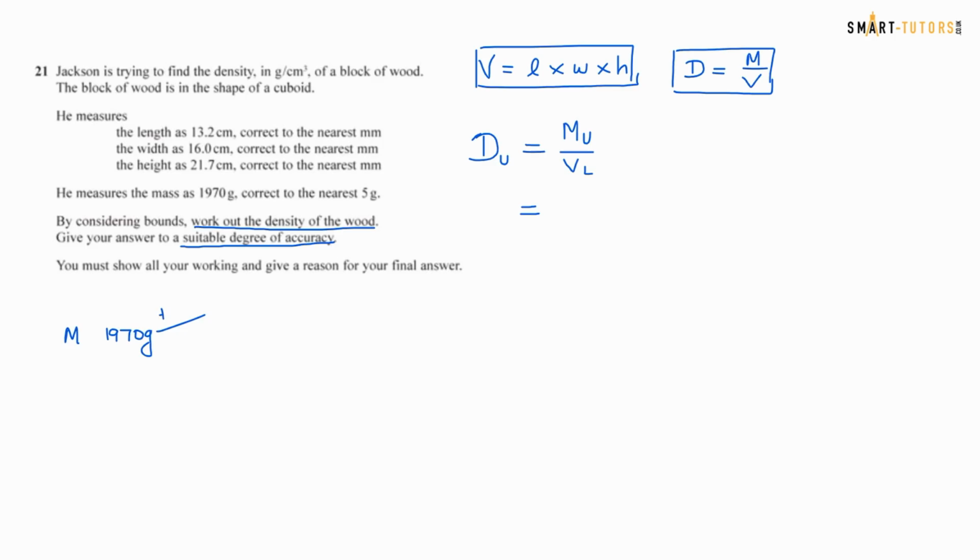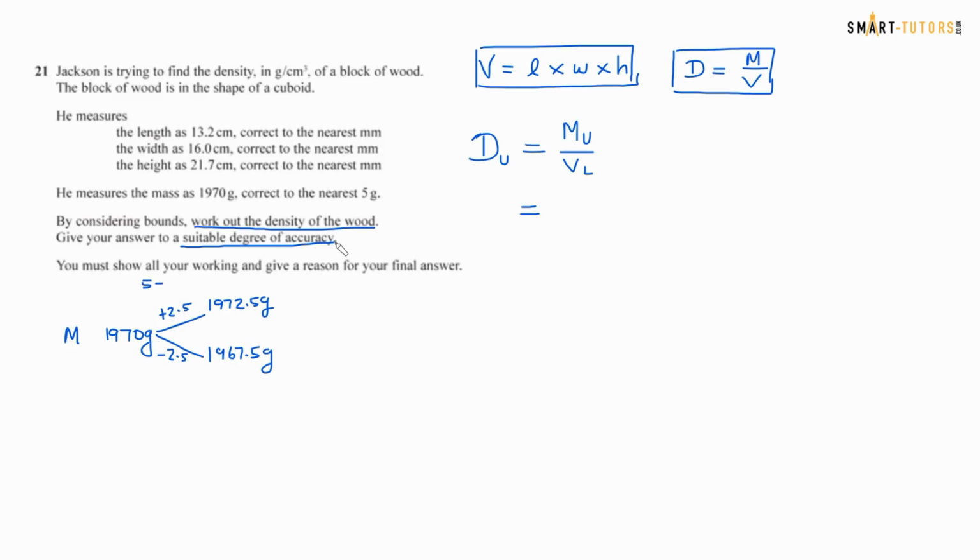So nearest to 5 grams means divided by 2. So 5 divided by 2 is 2.5. You need to add 2.5, which is 1972.5 grams, and you take away 2.5, which will give 1967.5 grams.